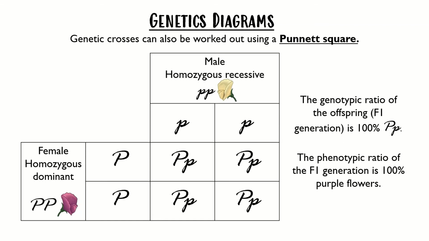The female is capital P, the male is small p, and when we do the cross, we'll see that all four possible offspring are capital P, small p. And so the genotypic ratio of the offspring is 100% capital P, small p, and the phenotypic ratio is 100% purple flowers, as we've just done with the cross. It's just a quick way, but you may be asked to do either way in your exams. This is called a Punnett square.